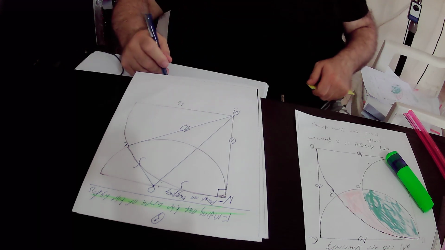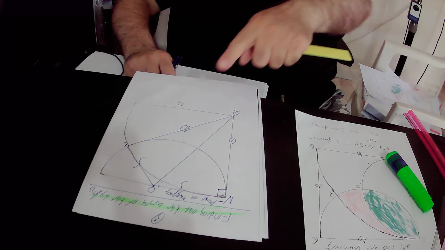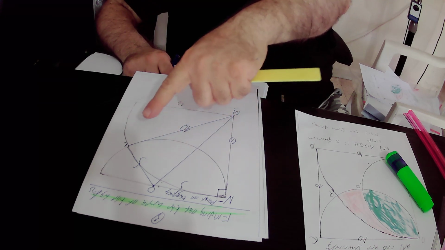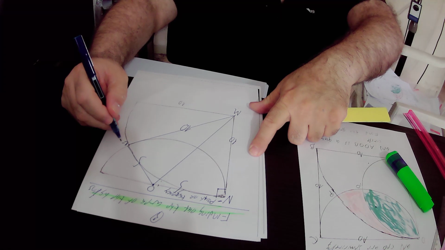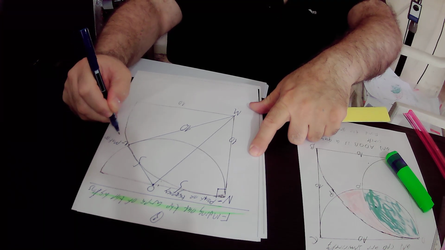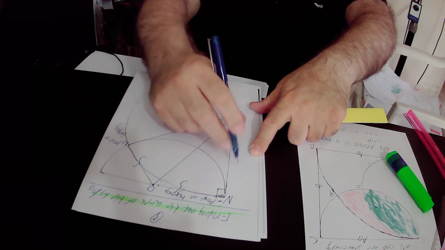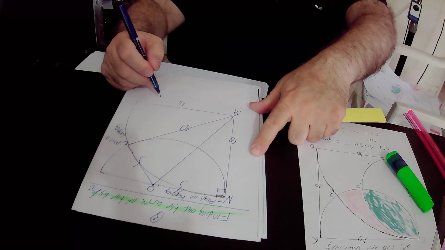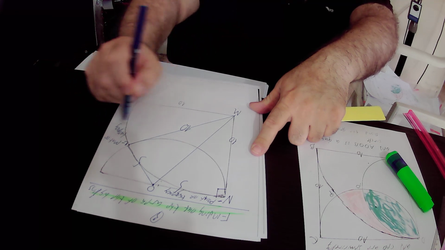Here, the radius OL is tangent to the quarter circle at point L. Point L is the point of tangency of tangent OL with this quarter circle. And we have the radius ML of the quarter circle that is drawn to the point of tangency.